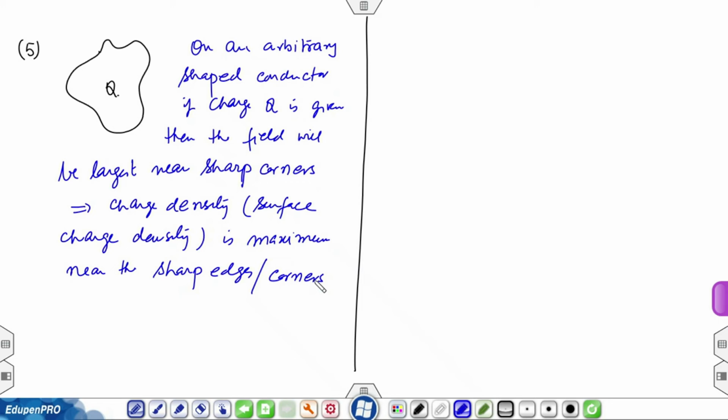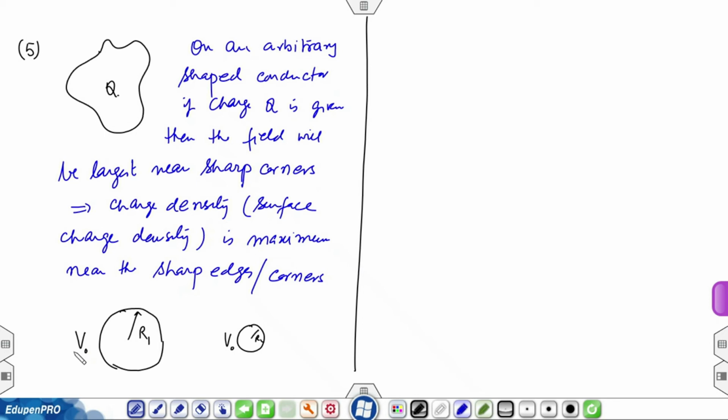And this is quite simple to see. For this, I will argue it in a slightly different way. Suppose I have two spherical conductors, one of radius r 1, another of radius r 2, and I gave the same potential to both of them, V 0.